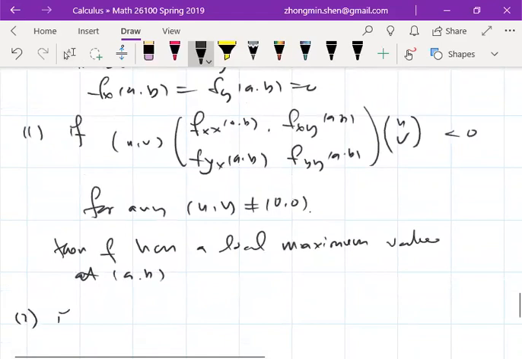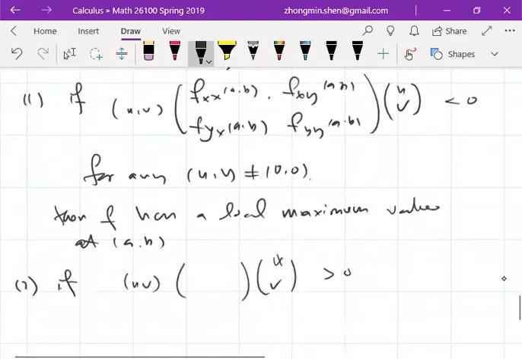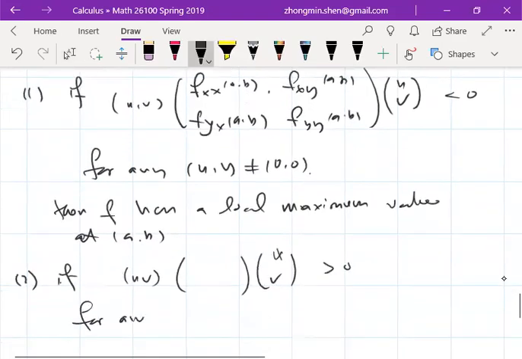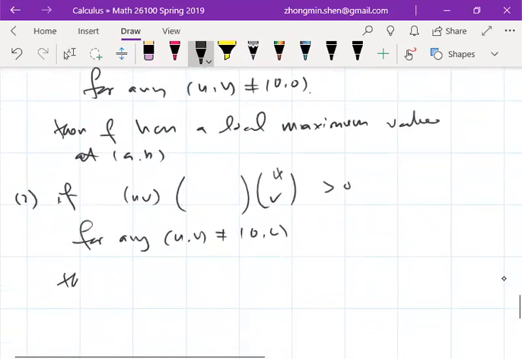And similarly, if this matrix is greater than 0 for any u and v, for any direction not equal to 0, then the function has a local minimum value at that point.